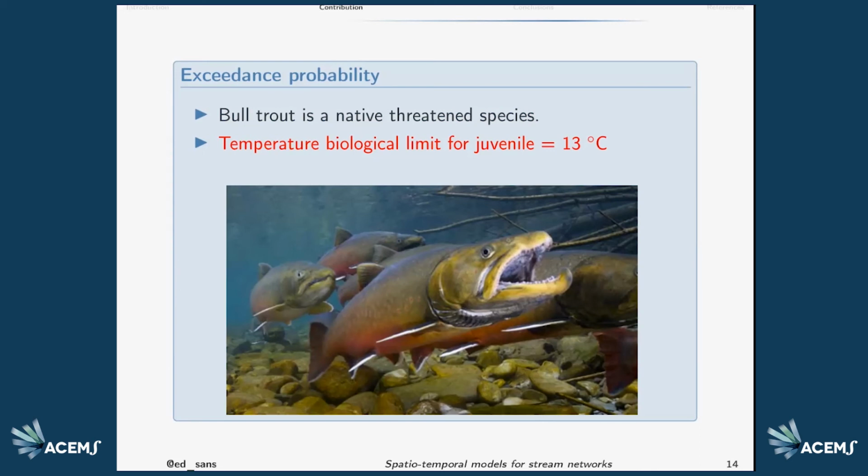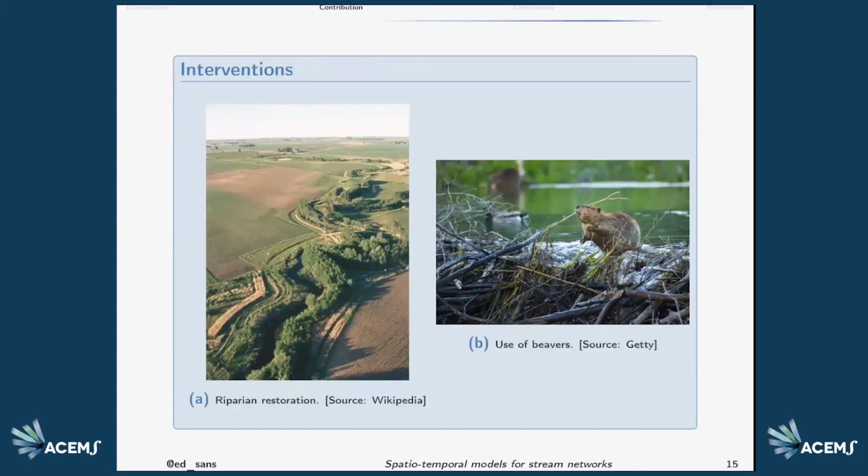Therefore, identifying those segments and those dates in which the temperature exceeds this limit is critical. Some of the possible interventions are, for example, planting trees in the riparian zone, which reduces temperature. Some other authors have reported that introducing beavers in some of these segments helps, as beavers tend to produce artificial dams, increasing the water volume and also reducing the temperature.